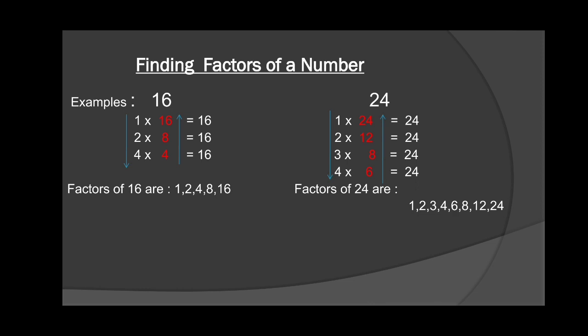These are all very small numbers, so that's why it is easy for you to find the factors of a number. Suppose we don't know which number gives the result, here there is one more method to find the factors of a number by doing division.